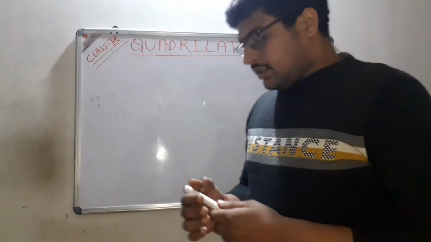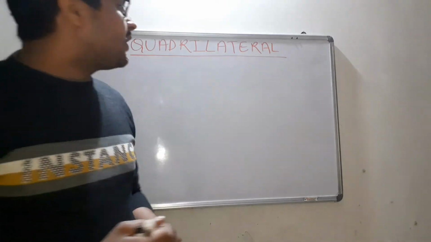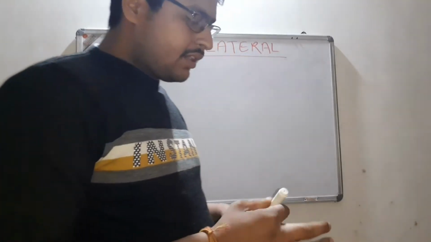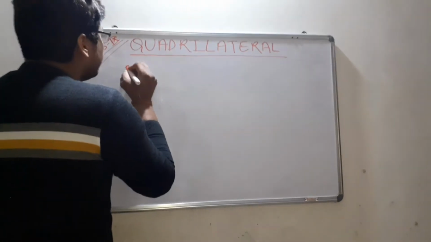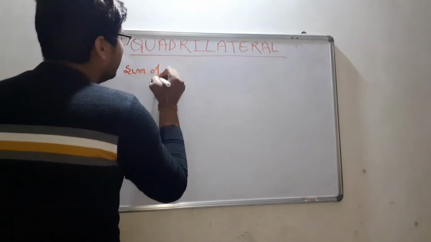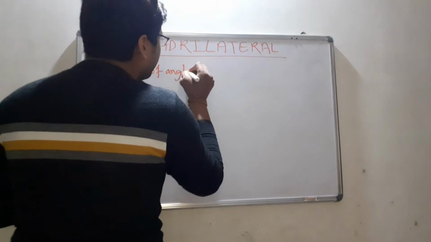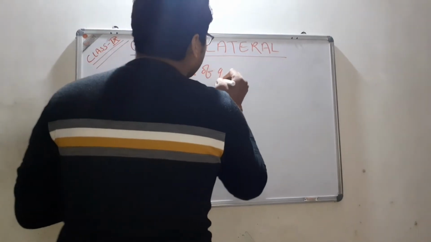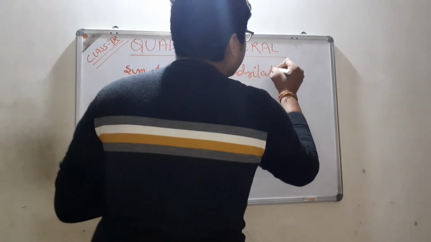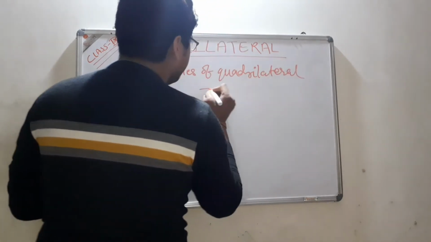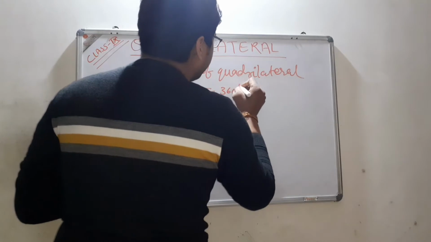Okay, and also we know a little bit the angle sum property of the quadrilateral, which is 360 degrees. As you know, the sum of angles of a quadrilateral is equal to 360 degrees.